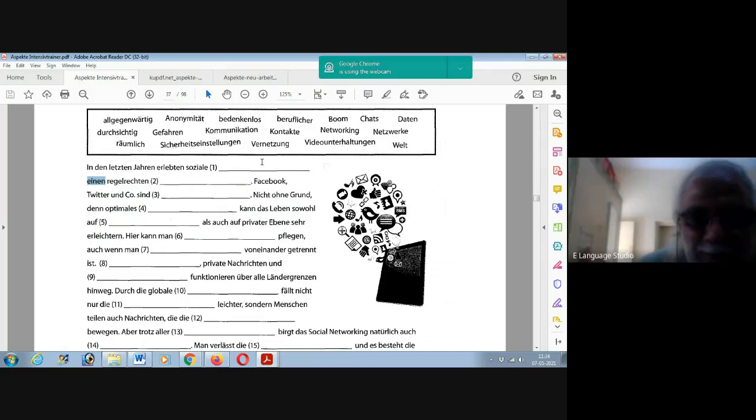What did social networking achieve recently? I need a masculine noun singular. Daten is plural, Chats is plural, Kommunikation feminine. Gefahren is not plural. Sorry, Gefahr is singular, Gefahren is plural.